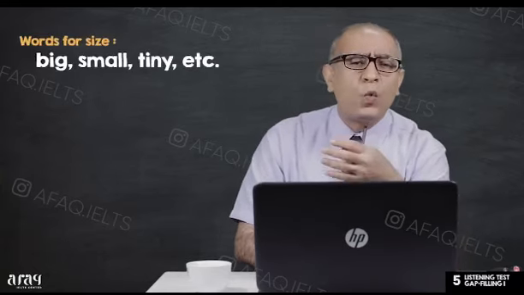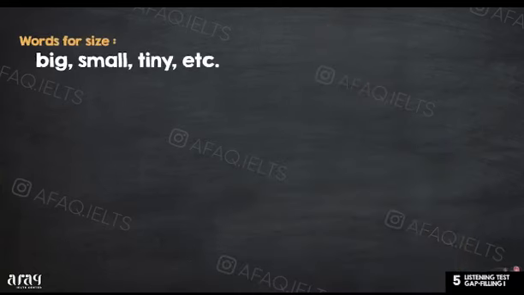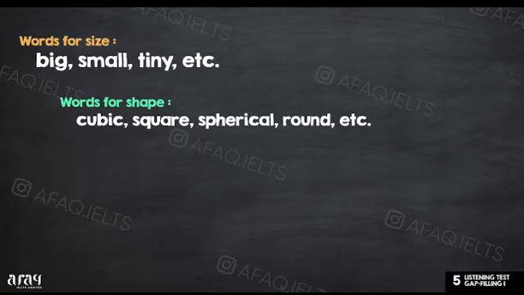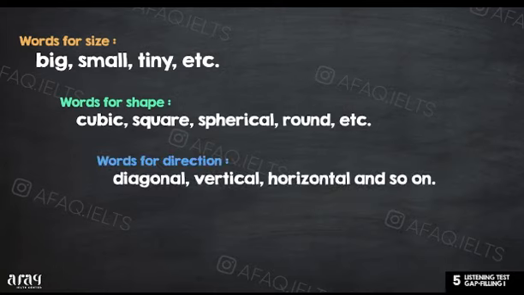There's a whole lot of other useful language, such as words and phrases to describe things, such as words of size, big, small, tiny, or words for shapes, such as square, cubic, spherical, and so on, and words for direction, like diagonal, horizontal, vertical, and so on.